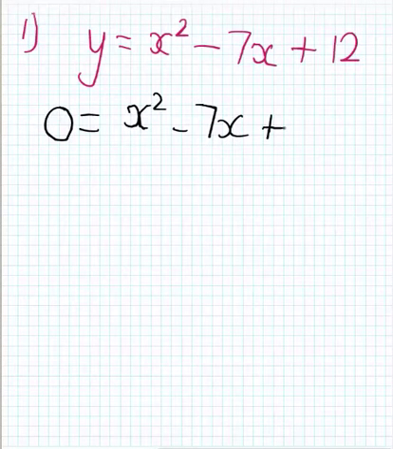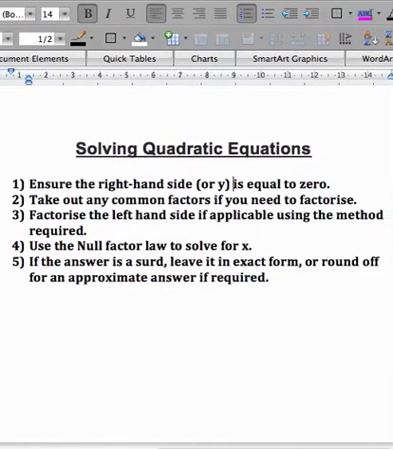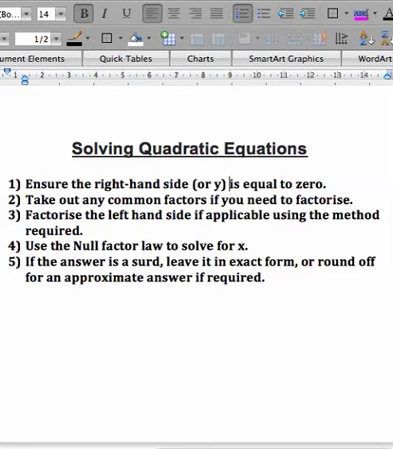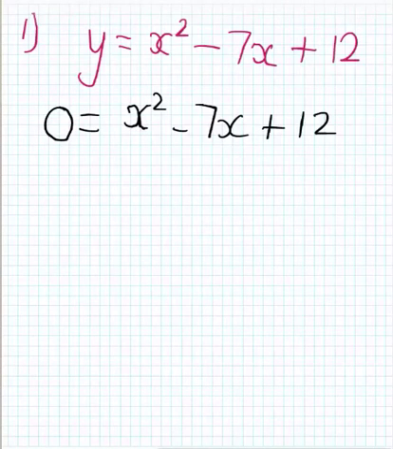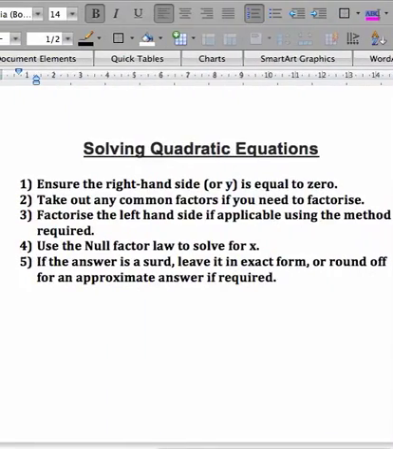Now, if you remember those steps, we've made y equal 0. Take out any common factors if we can, and if we need to factorize. So clearly we have to factorize this expression. It hasn't been factorized yet. And then once we've checked if we can take out factors, let's factorize using the applicable method.